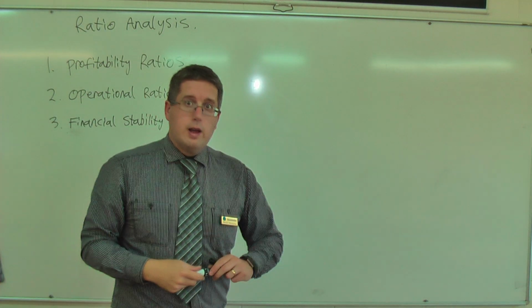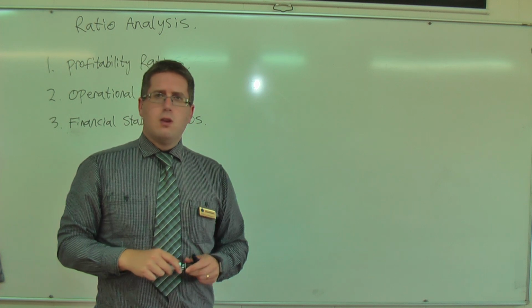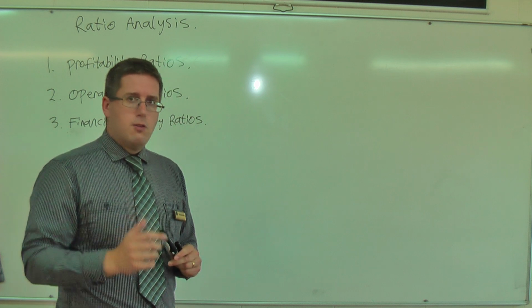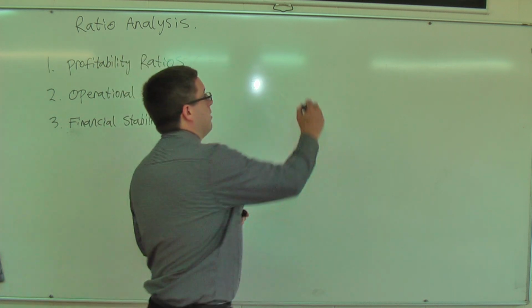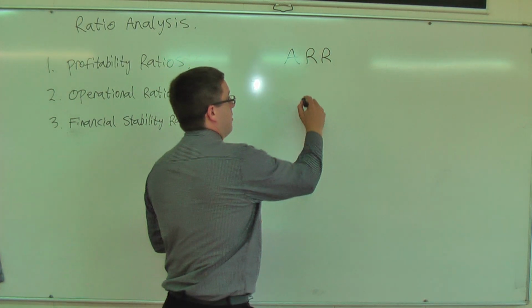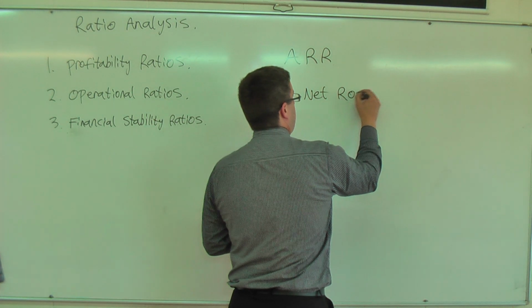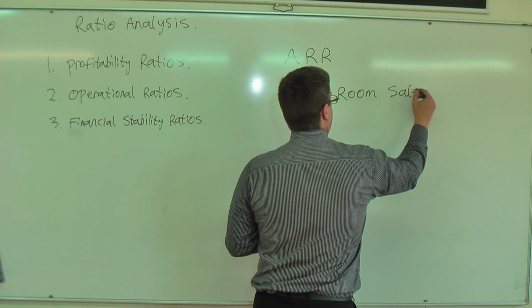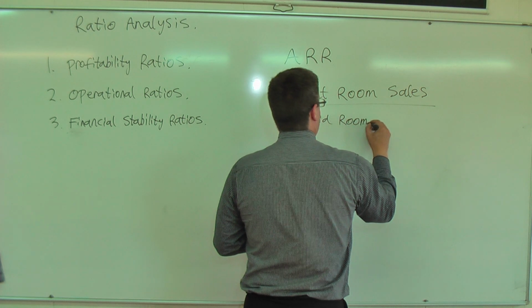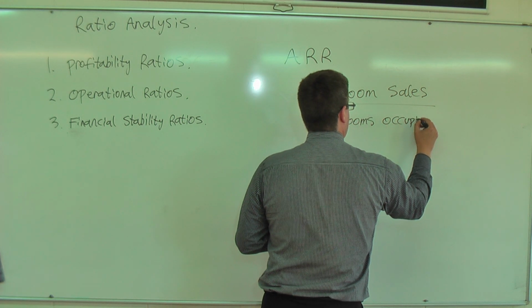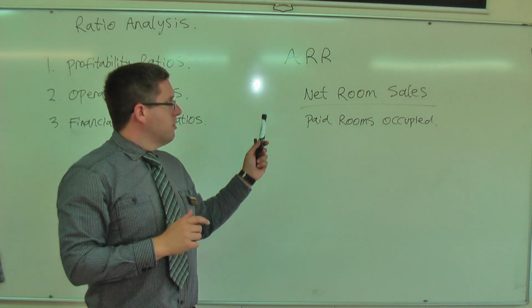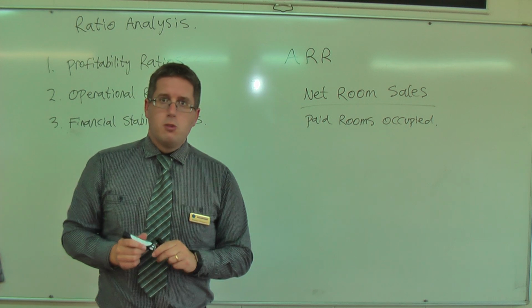We're now going to look at 3 that relate to the rooms department, and we're actually going to revisit these in the revenue management section as well. First one is the average room rate, or ARR. And this is net room sales divided by paid rooms occupied.